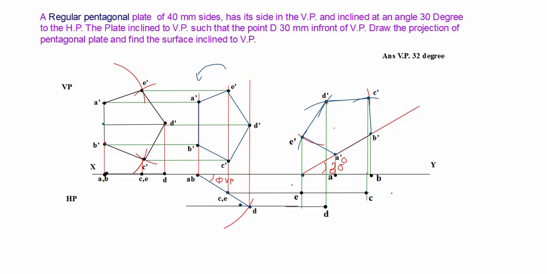So the A dash and A give your A point, similarly your B, C, D and E. Now join your points with a straight line sequentially. This AB, BC, CD, DE and EA.